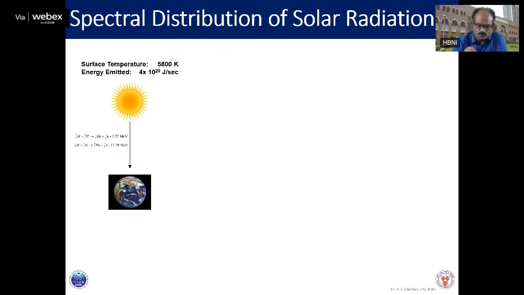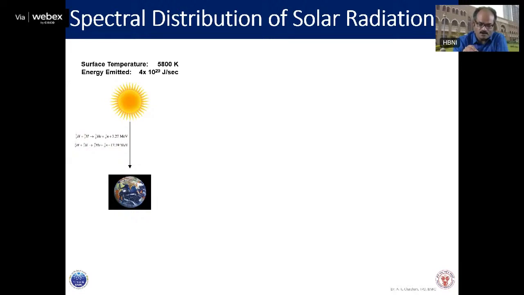And what is the source of this temperature? The source of this temperature is the fusion reactions which are taking place inside the core of the sun. Because of these reactions, a lot of energy is being generated, and because of that energy, the temperature is raised.